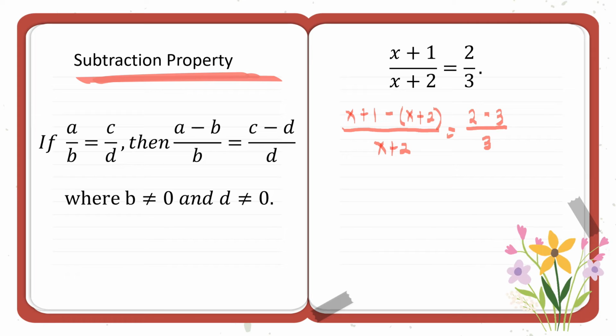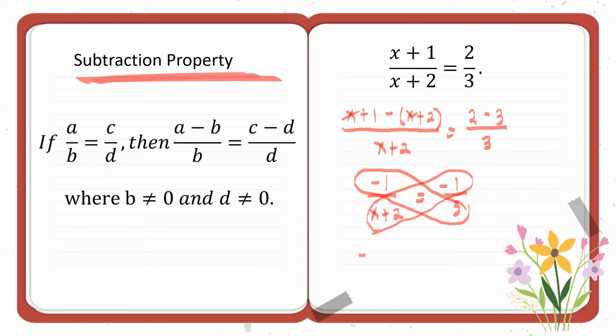So when we simplify x plus 1 minus the quantity x plus 2, we can cancel out x and x, that is 0. 1 minus 2 is negative 1 over x plus 2, equals 2 minus 3 is negative 1 over 3. By cross multiplication, we get negative 1 times x plus 2 equals negative 1 times 3.